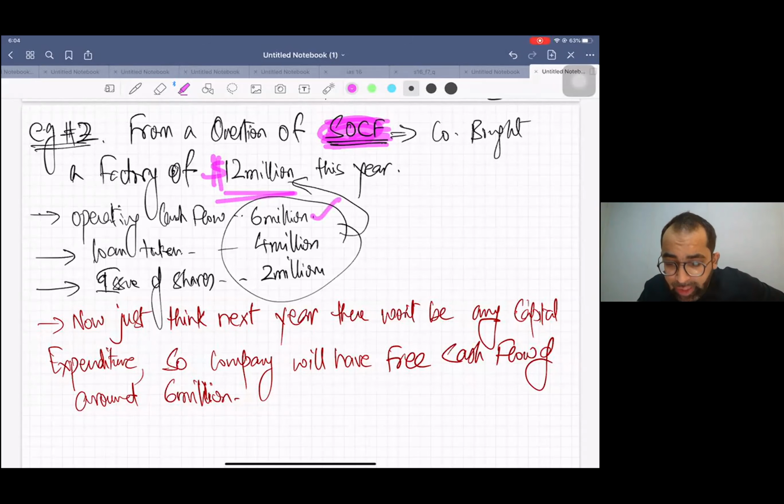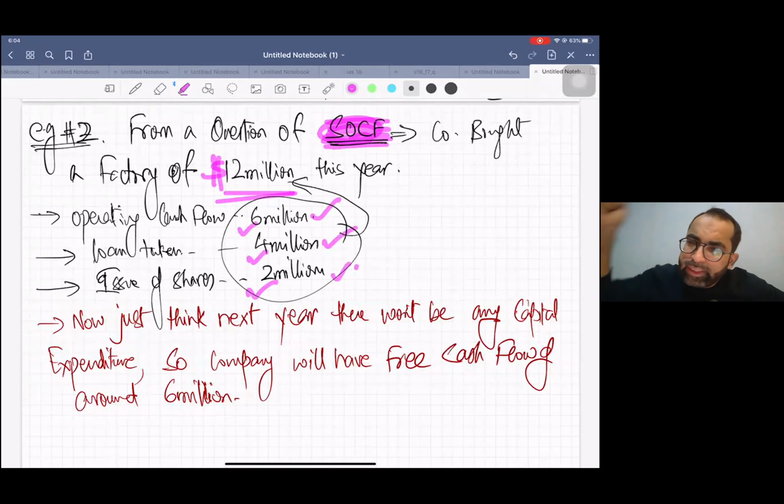The company took a loan of 4 million and generated 2 million by issuing shares. So 6, 4 and 2 make 12 million, and the company invested that 12 million in that factory.